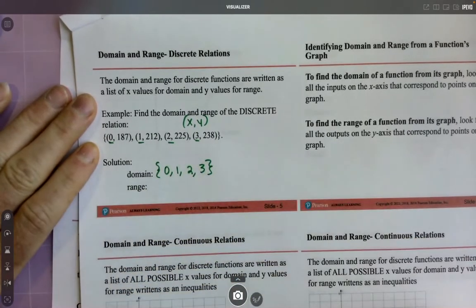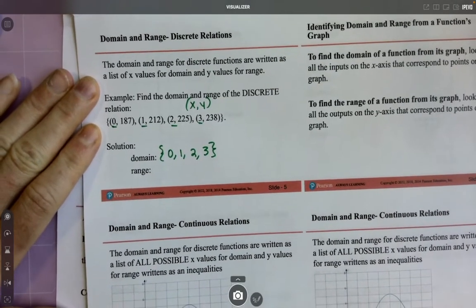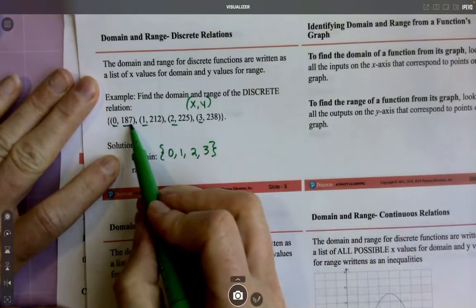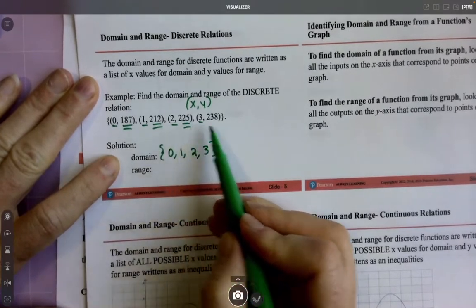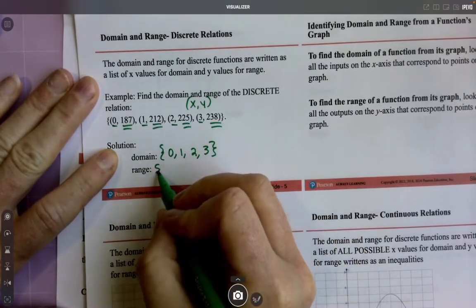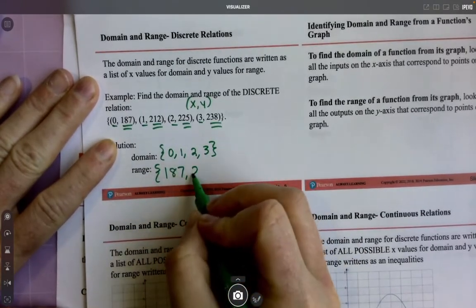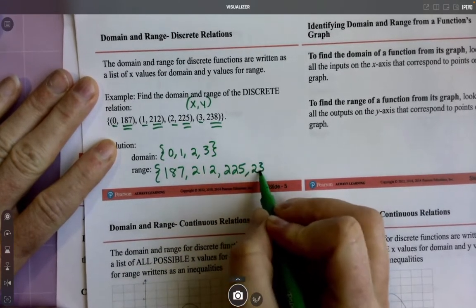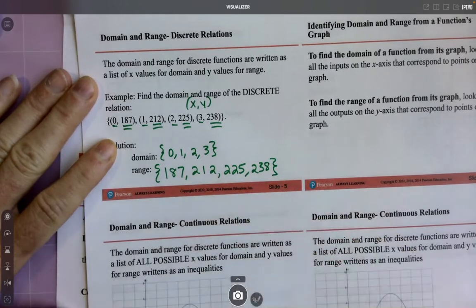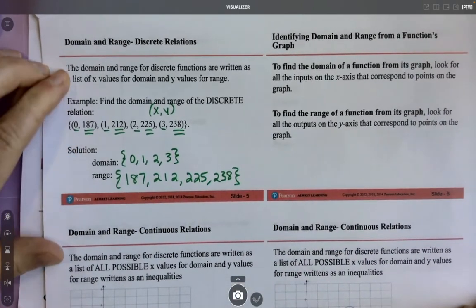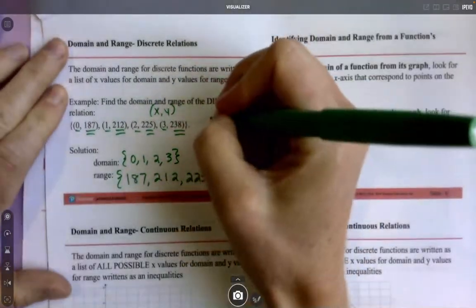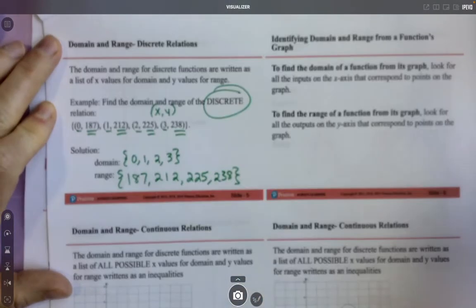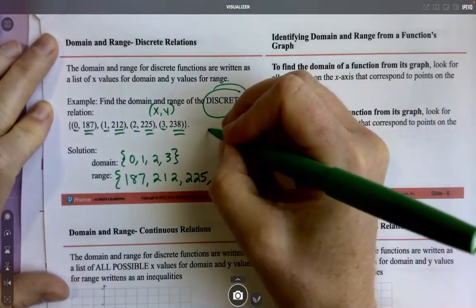And we usually want to write them in order from least to greatest for domain and range. And then for range, I'm going to do my y values: 187, 212, 225, and 238. So that is from a list. And this is discrete. When we do discrete domain and range, we make a list.